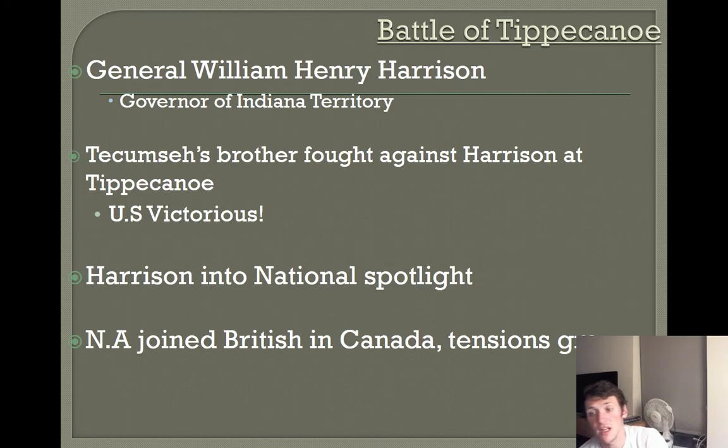Basically, Tecumseh was down south trying to gather more support for his Confederacy, and his brother, who becomes known as the Prophet, and he has this really interesting name that I'm not going to be able to pronounce, like Teowahkatana or something like that, just simply known as the Prophet, is going to lose this battle against William Harrison. He's going to lose a number of men, and it's going to crush the Native Americans' hopes a little bit. It's going to push them north to ally with the British. And that's going to lead to the attack in Detroit that we talked about just before, Detroit and the Great Lakes.